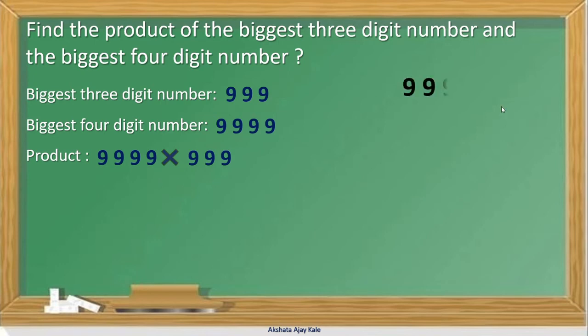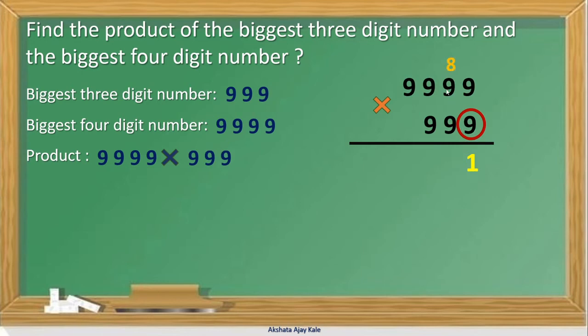We will go through 9,999 multiplied by 999. See dear children, all digits of this are 9, isn't it? So this is also very easy. First we will multiply with this 9, then this, then this. Okay. Now 9 9s are 81. 8 is carried over.